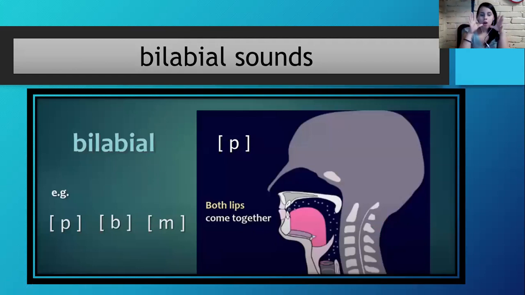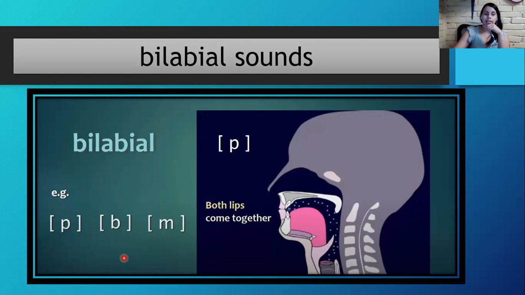There are also bilabial sounds that are produced with both lips. For example, p. The first sound is p. The example of the sound is help.